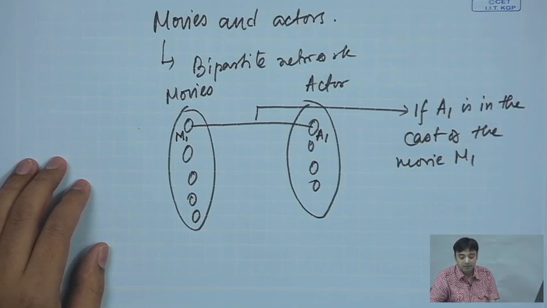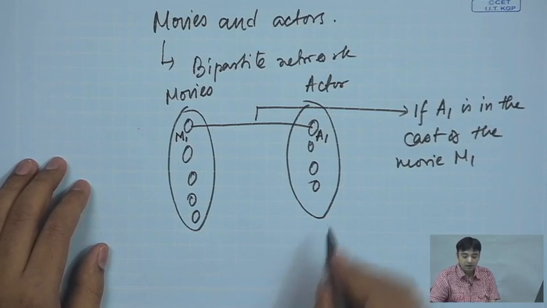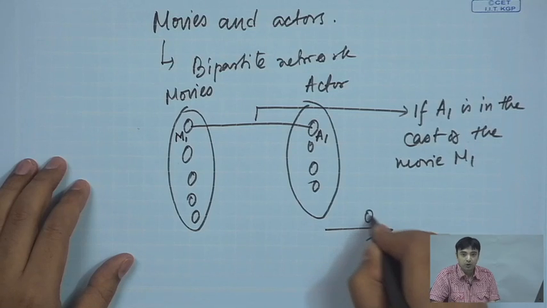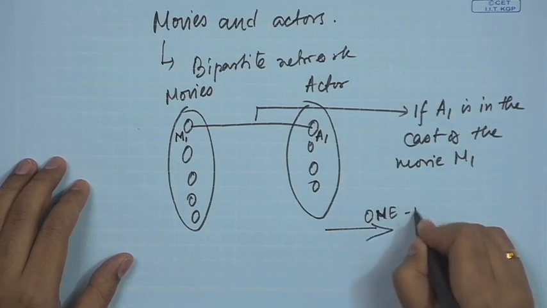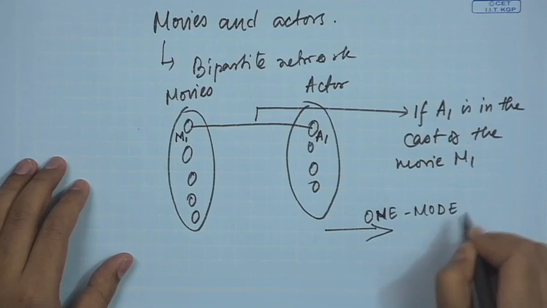Now, from this bipartite network you can construct something called one mode projections.